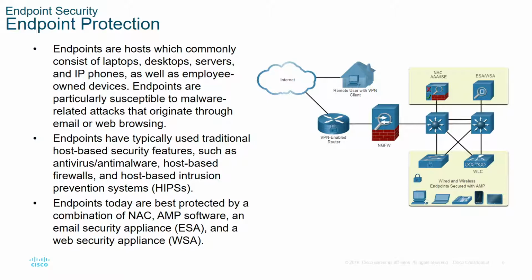Endpoints have typically used traditional host-based security features such as antivirus and anti-malware, host-based firewalls, and host-based intrusion prevention systems, HIPSs. Endpoints today are best protected by a combination of NAC, Network Access Control, and AMP software, an email security appliance, ESA, and a web security appliance, WSA.